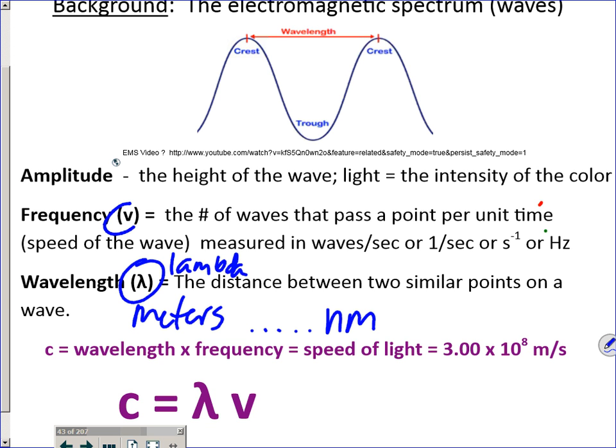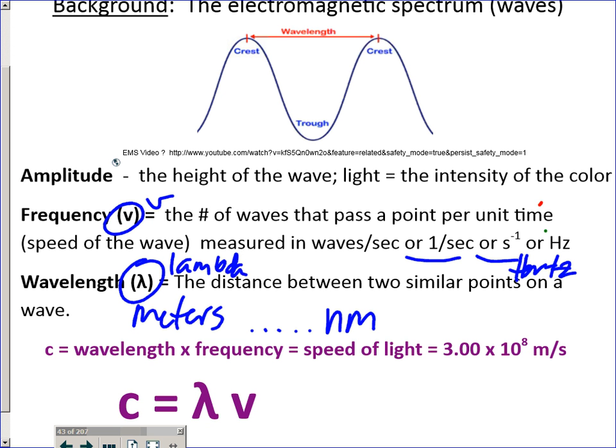That's going to be distinguished by the variable v, or a v with a little hat on it. And the units, you'll notice it's not seconds, it's not time. It's per second. 1 over second is different than seconds. Or seconds to the -1. Or hertz. Can you imagine that this was a scientist?